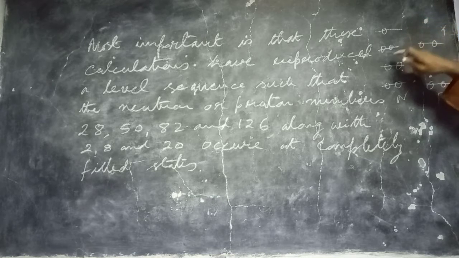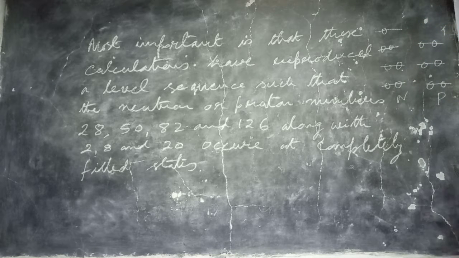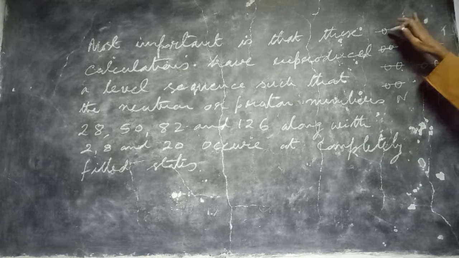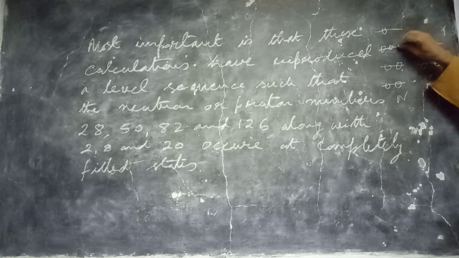Suppose here 6 protons, 6 neutrons, and this is carbon-13, where a neutron is added here. So the last neutron will go here, and there will be a large energy jump between these two.